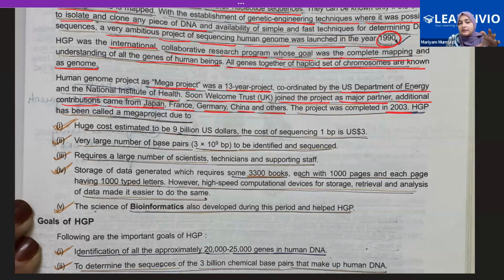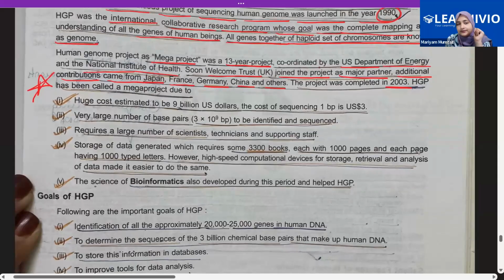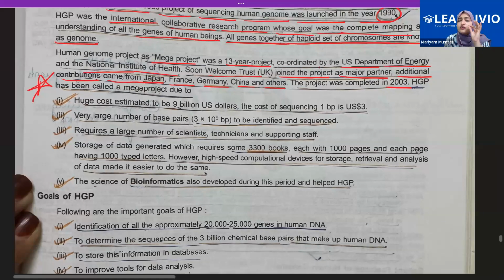And why is it called the mega project? This part is very important. They can directly ask you, why is the Human Genome Project referred to as a mega project? So here are the 5 reasons why. The first one, this entire project was extremely expensive. The estimated cost at that time was 9 billion US dollars.